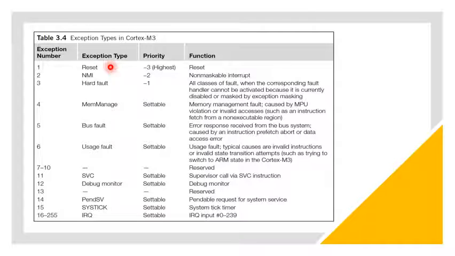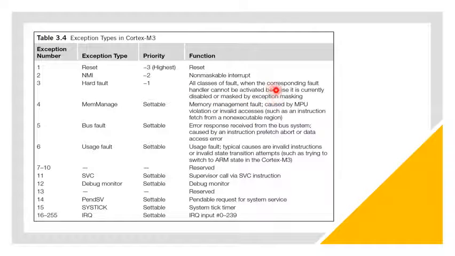Okay, so non-maskable interrupts we have seen already. Non-maskable means the interrupts which cannot be stopped. Then hard faults: all classes of faults when the corresponding fault handler cannot be activated because it is currently disabled or masked by the exception masking.